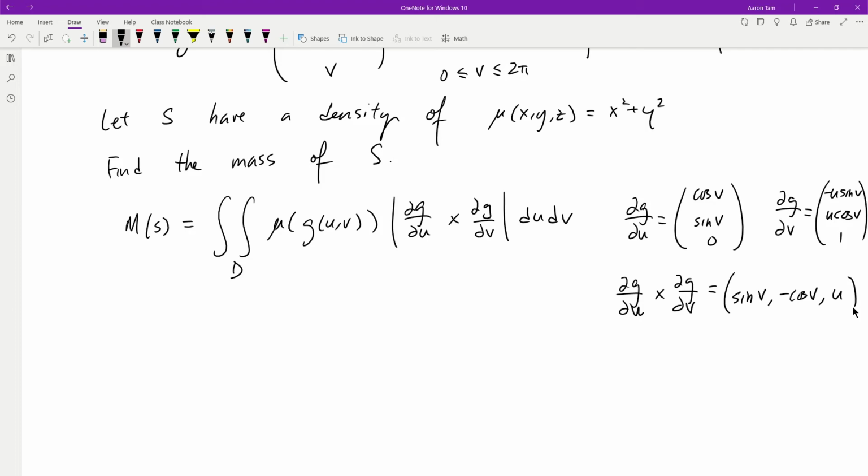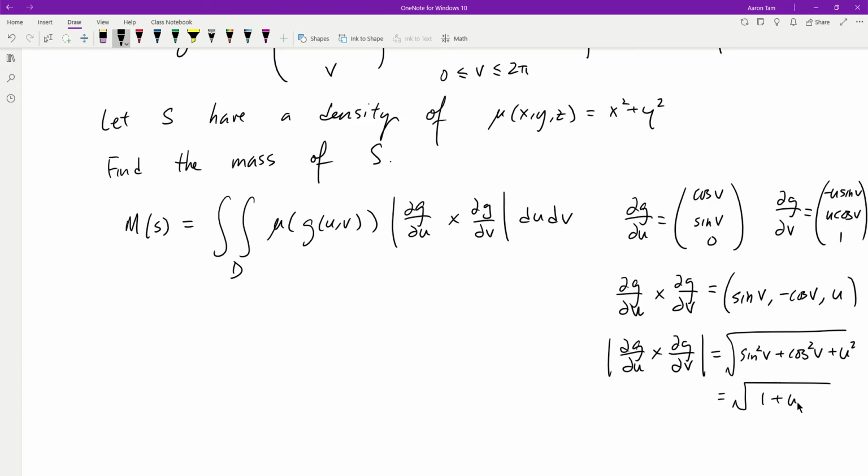And so in this case, the length of this cross product would just equal the square root of sine square v plus cosine square v plus u square. So that comes out to be just the square root of 1 plus u square.